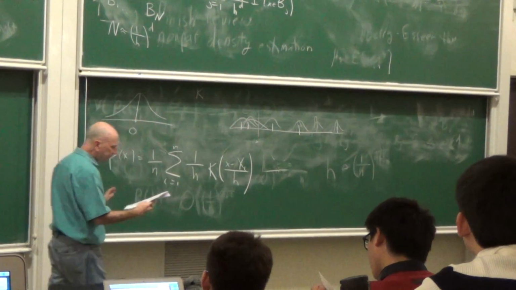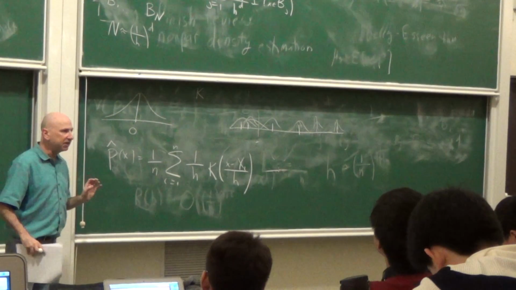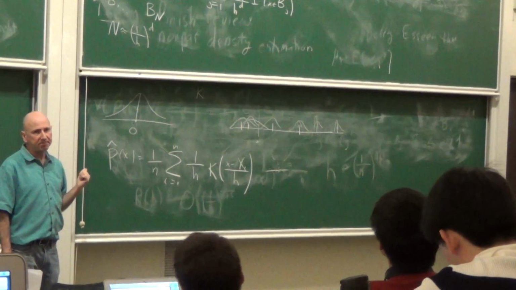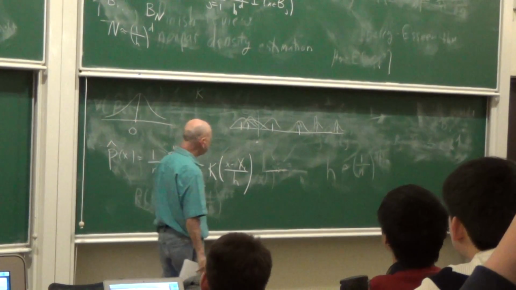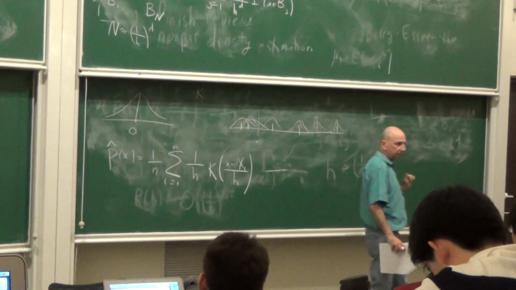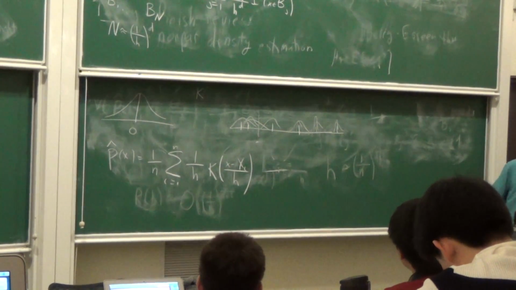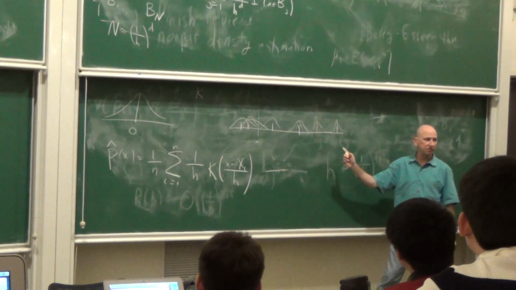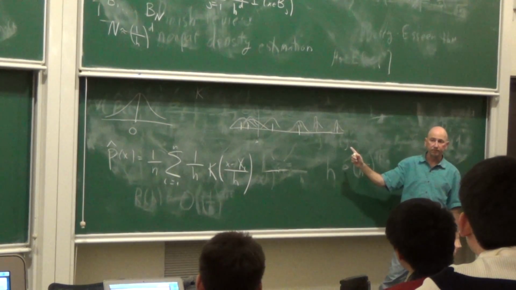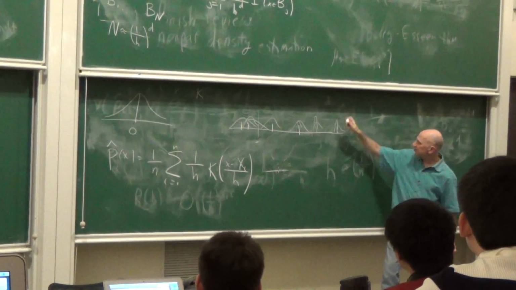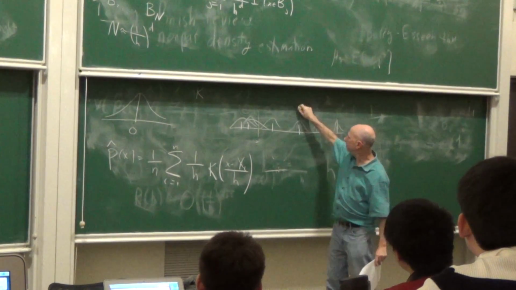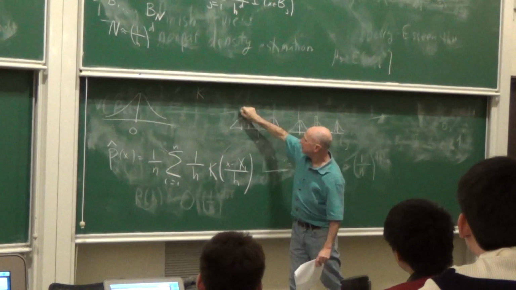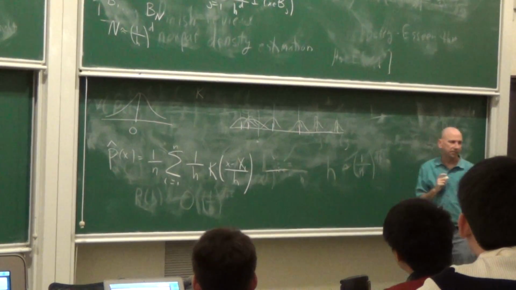So let's think a little bit about the limiting cases. What does this density estimator look like when h goes to 0? Oh, I just get these spikes again, right? Just like before. A useless density estimator. I'm undersmoothing.